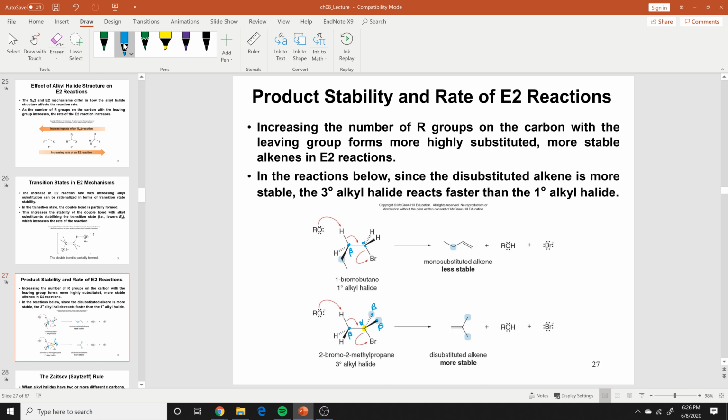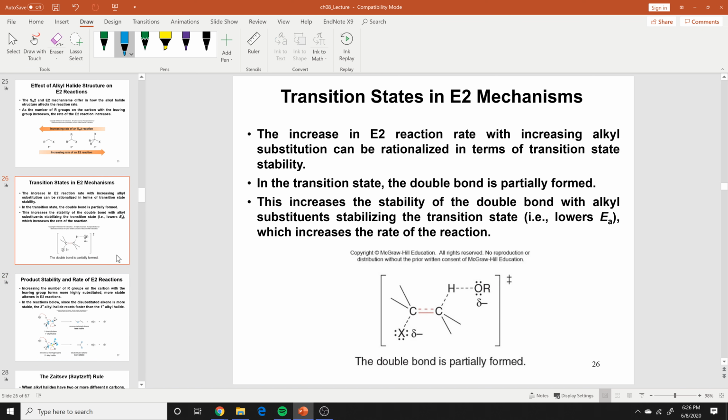Comparing a disubstituted and a monosubstituted alkene, this guy over here is going to be the more stable product.